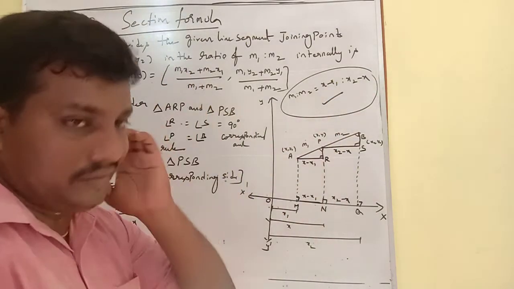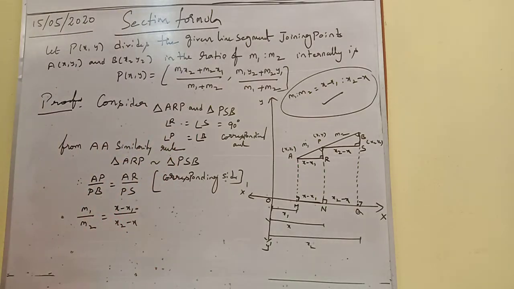Now we have to do the cross multiplication. m1 into x2 minus x is equal to m2 into x minus x1. So m1x2 minus m1x is equal to m2x minus m2x1.